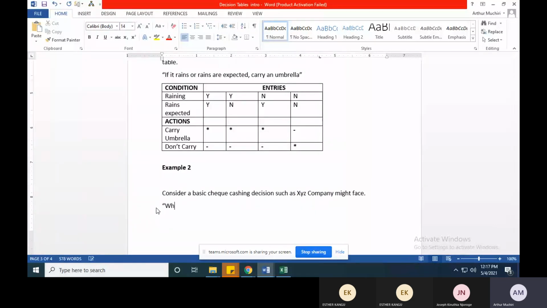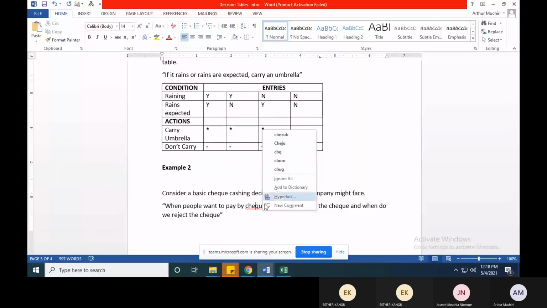So we can say when people want to pay by check, when do we accept the check, and when do we refuse or reject the check? So that is the question.